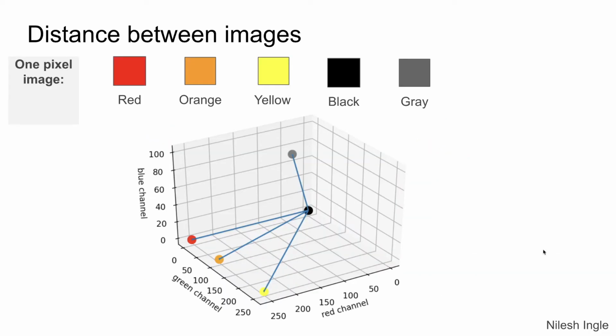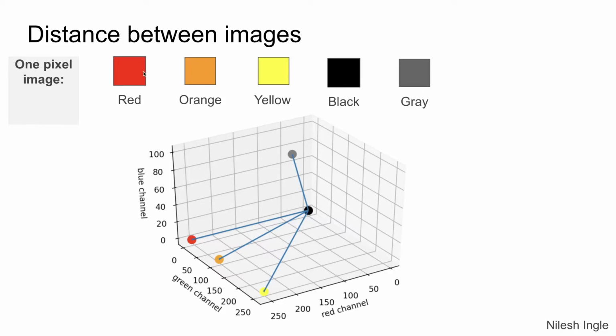Now let's look at a couple of examples of where we can use norms to find out if two images are similar or not similar. In this very first example, imagine there are five images. Each image is just 1 pixel. Although it's 1 pixel, it does have all three channels. So the first image is red, and then we have all these images all the way up to gray.